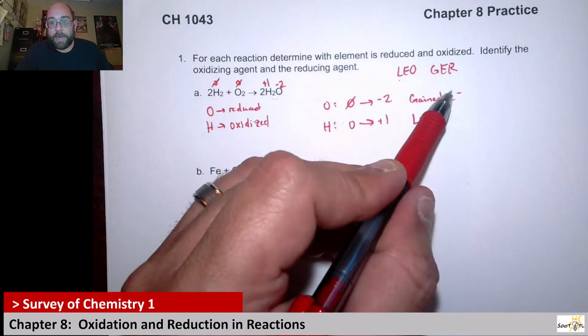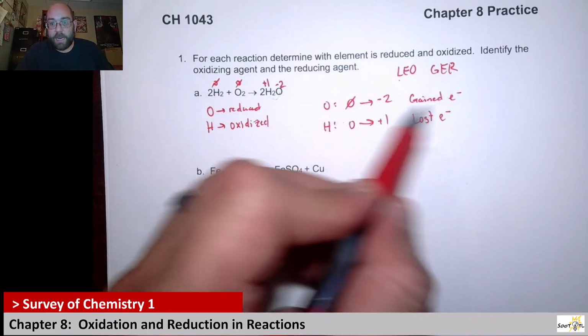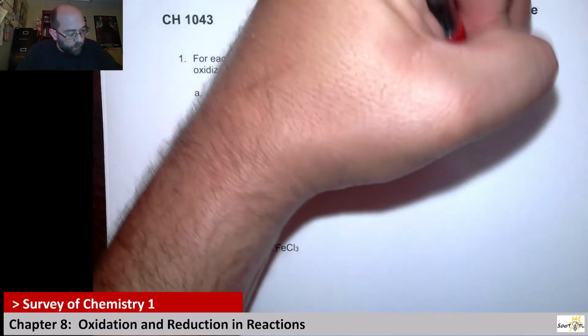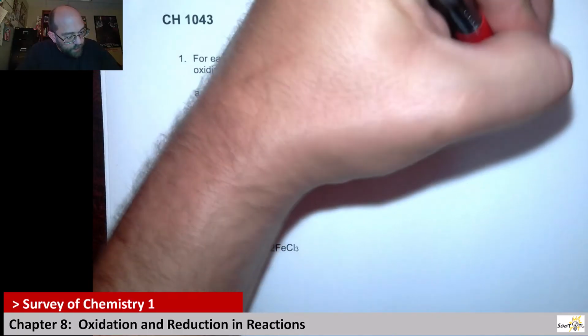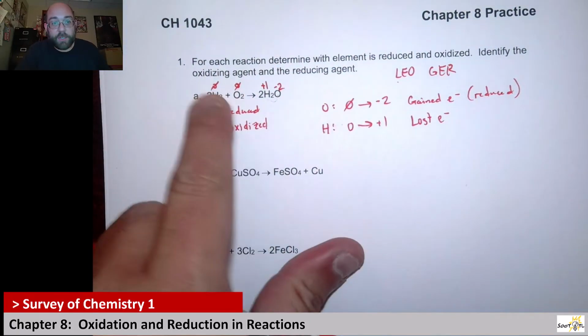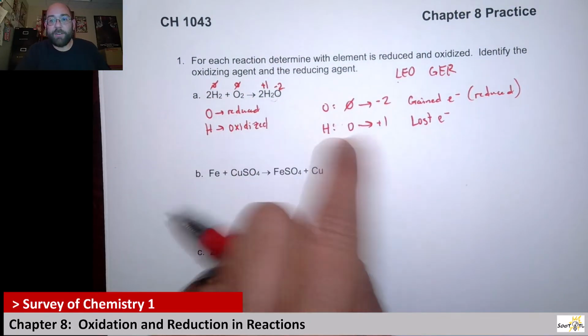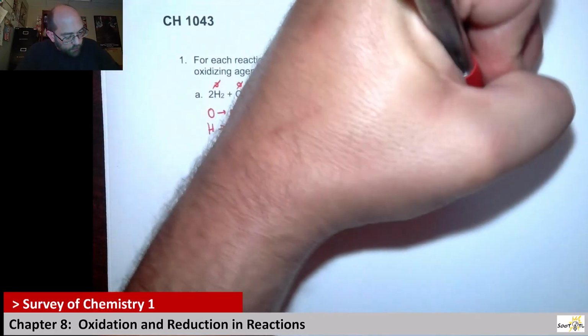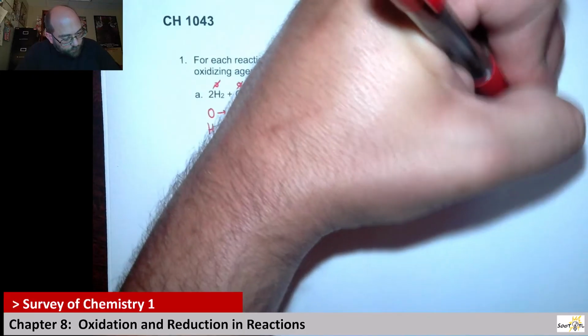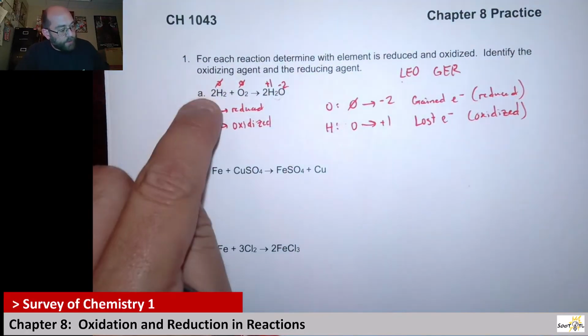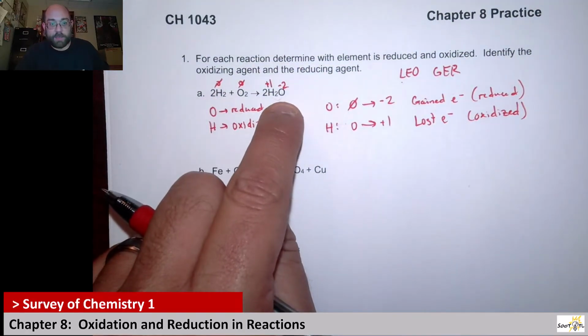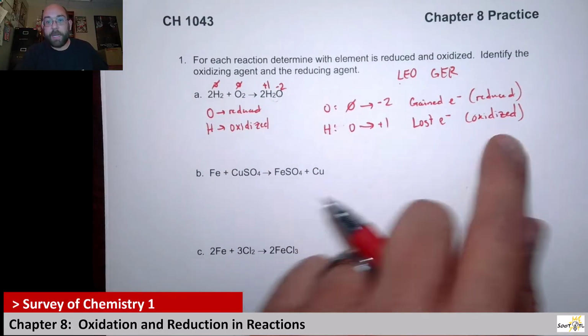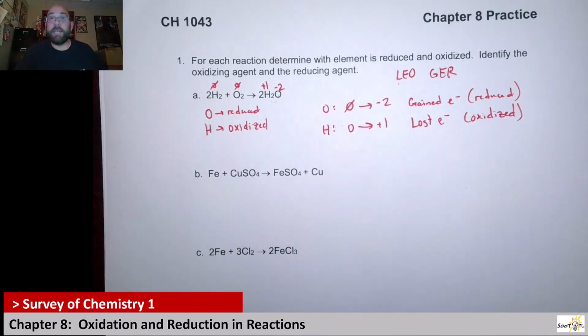So if you look, the oxygen gained electrons, therefore it was reduced. That's the same deduction we made just from looking at adding the hydrogens. Hydrogen lost electrons. Lose electrons, oxidize. So that was oxidized. And you notice we said hydrogen gained oxygen and was oxidized, just from looking at it. But even using the oxidation numbers is helpful.